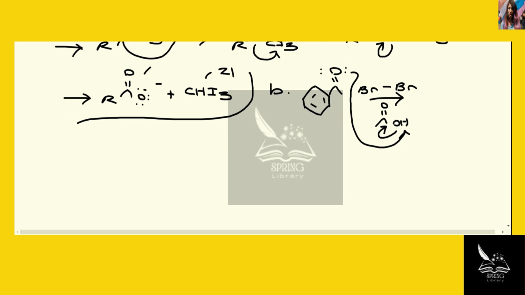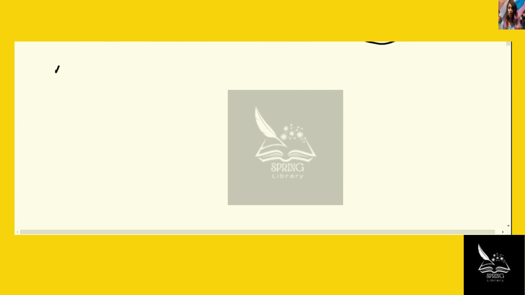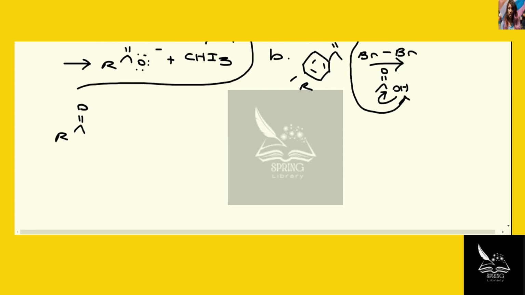So this is going to be R again, this group. So it has a hydrogen, positive charge, and then we get this. The alkoxide ion.